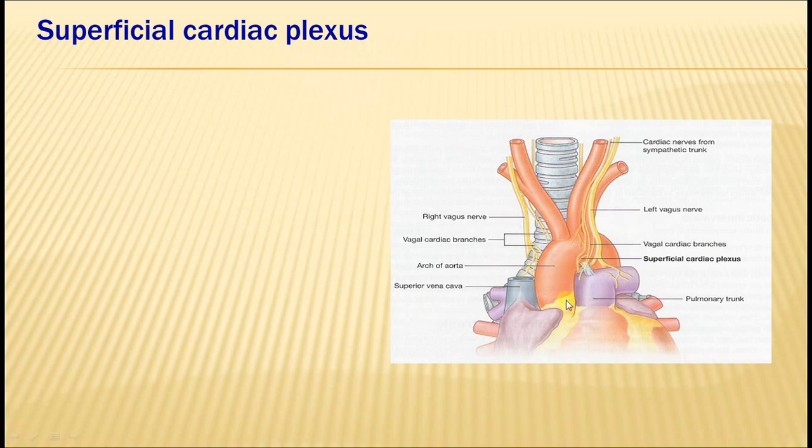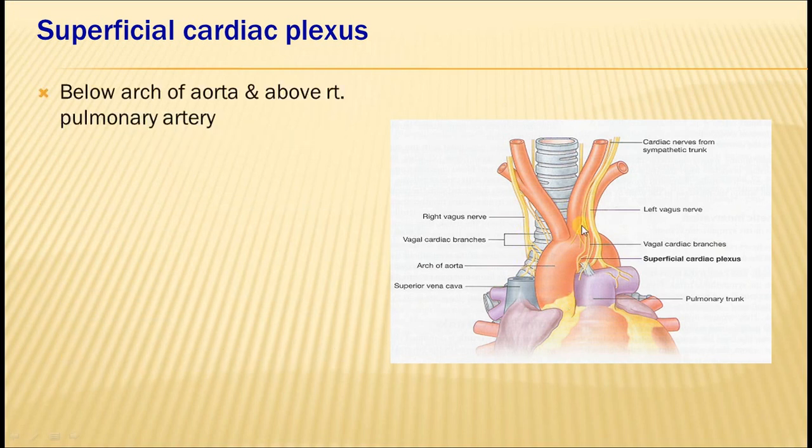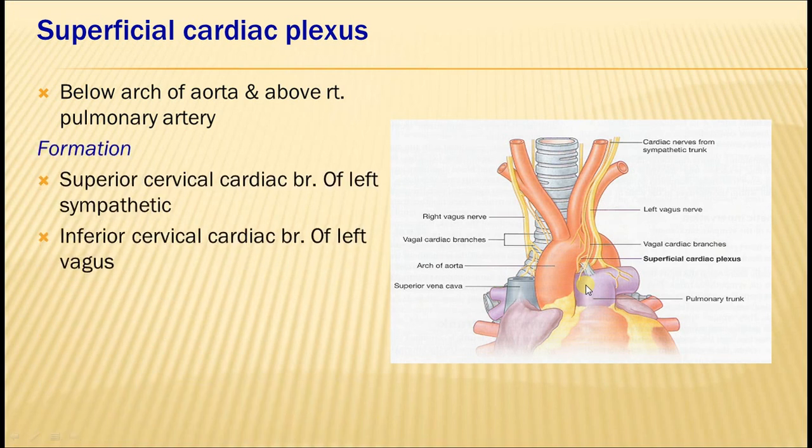Now, the superficial cardiac plexus, because of the nerve supply to the heart, naturally a small description of the superficial cardiac plexus. It is present below the arch of the aorta and above the bifurcation of the pulmonary artery, and the main branches are the superior cervical cardiac branch, actually from the cervical part of the sympathetic chain, and the inferior cervical cardiac branch from the left vagus.